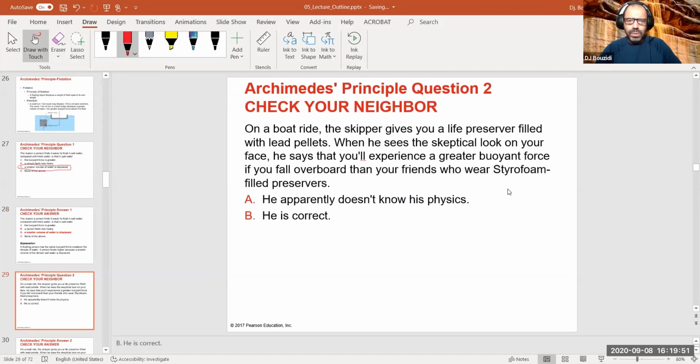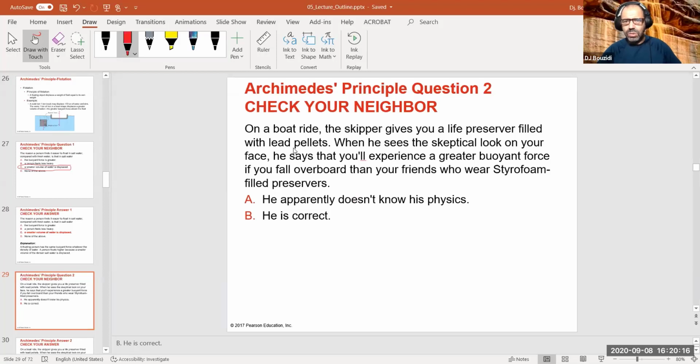Okay. On a boat ride, the skipper gives you a life preserver filled with lead pellets. When he sees the skeptical look on your face, he says that you will experience a greater buoyant force if you fall aboard than your friends who have styrofoam-filled preservers. So is he right? The answer to this question is yes, because you're taking lead with you, and lead is denser.